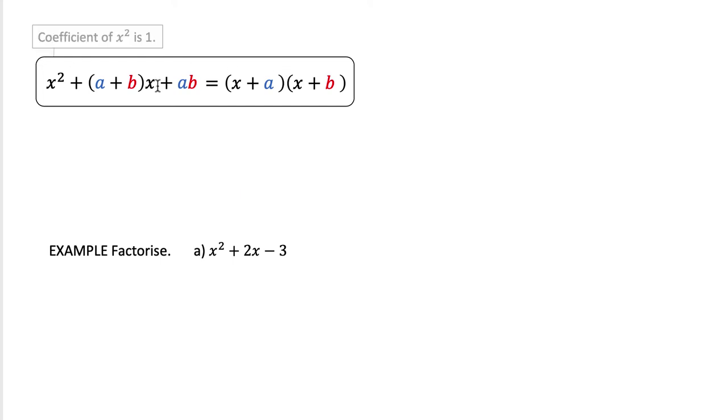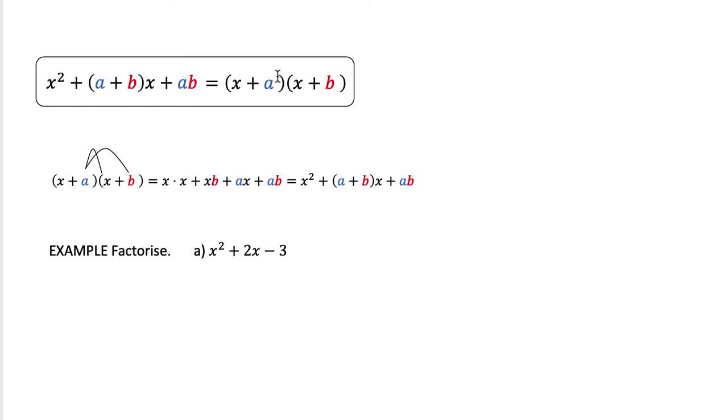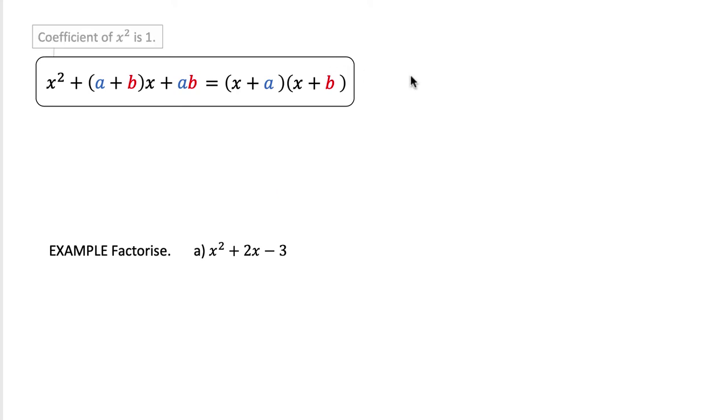And now for factorization, we're going to use it from the left-hand side to the right-hand side. Now, to be able to use this formula, you'll have to check that the coefficient of x squared is 1, and that the coefficient of x is a plus b, and then the constant term would be a times b. Let's see how this works in practice.